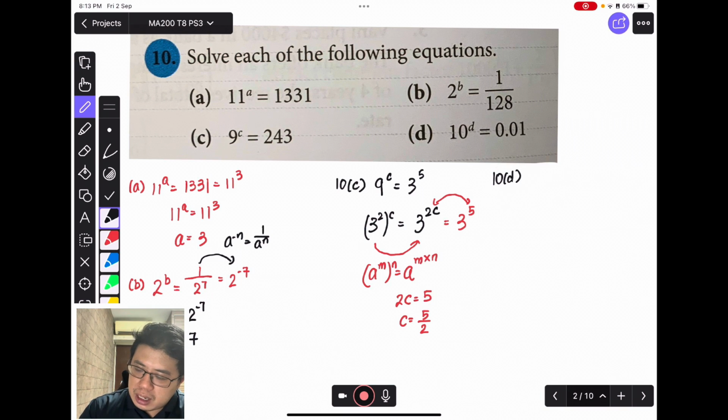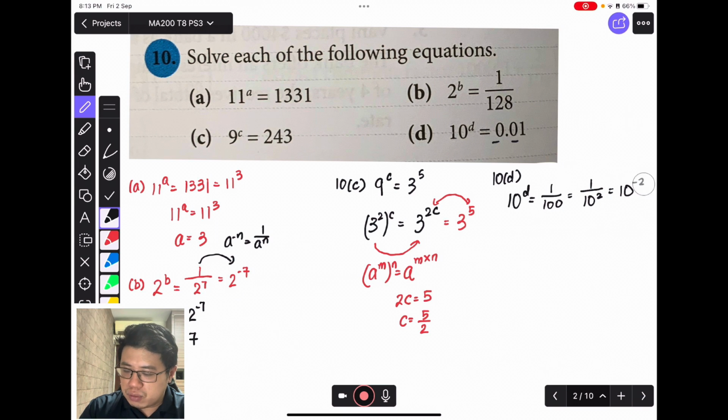Okay, then next one will be 10d. So for 10d, we have 10 to the power of d equals to 0.01. Let me just write 0.01 as 1 over 100, because 0.01, you see that 2 zeros, that is 1 over 100. So 1 over 100 is the same as 1 over 10 power 2, which is also the same as 10 to the power of negative 2.